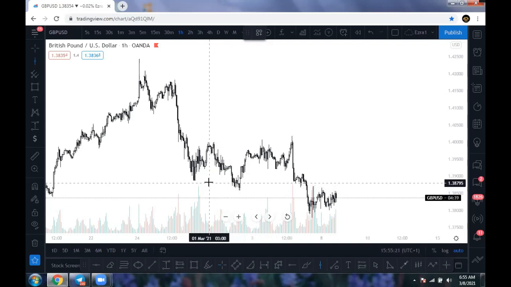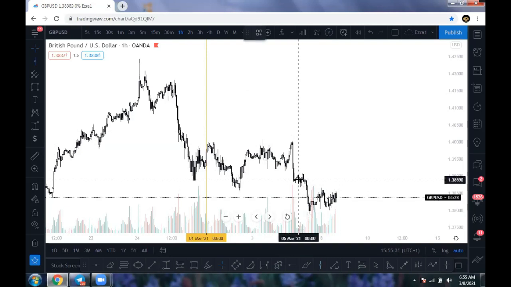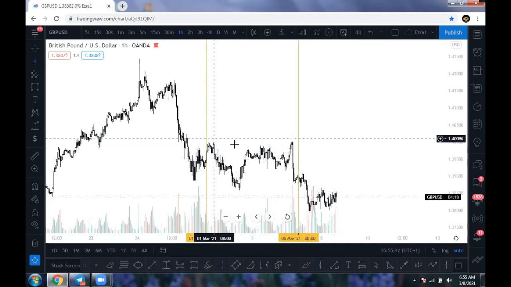It opened on this particular candle. So from that to this is a week.